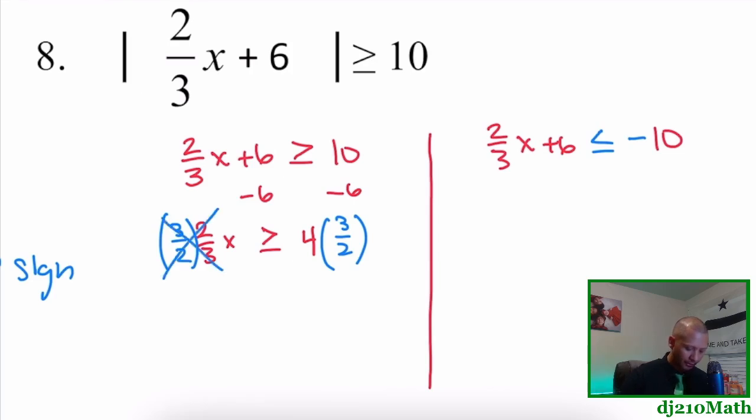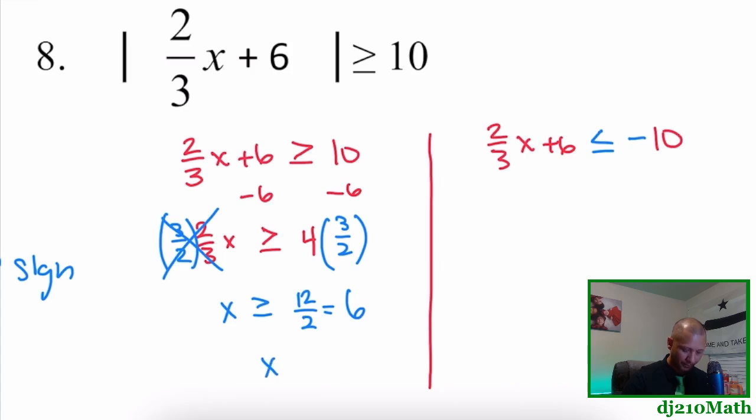So on the left, those cancel, leaving behind x greater than or equal. Now, when you're multiplying a whole number by a fraction, it's the whole number times the top of the fraction. So 4 times 3, which is 12. 12 over 2. 2 is just along for the ride. This is going to be 12 divided by 2 is 6.